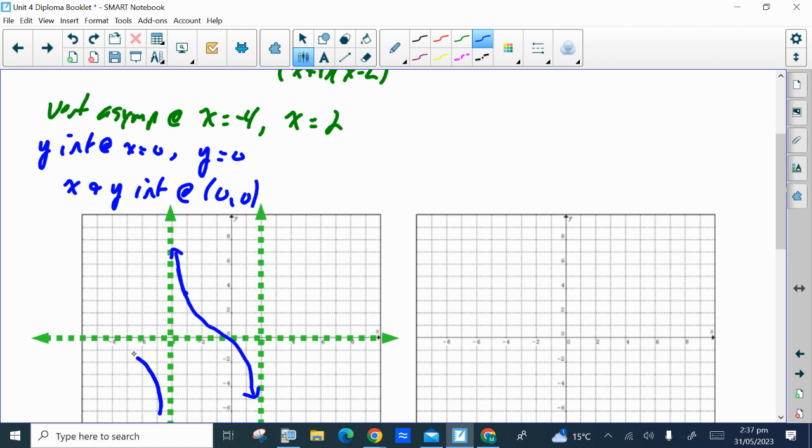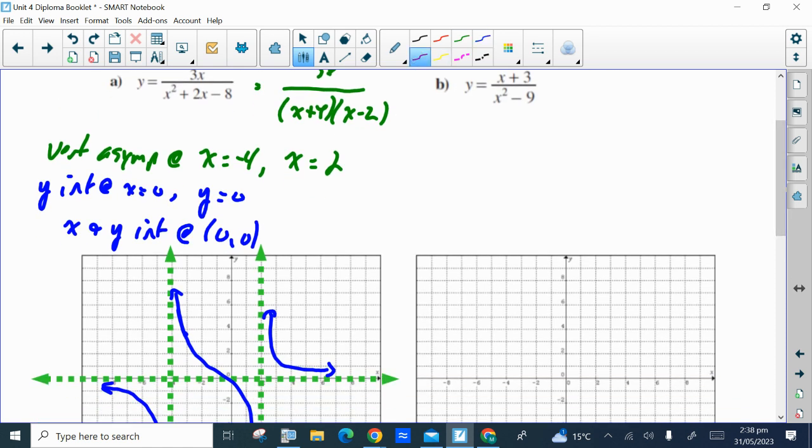Because the other part of the graph looks like this, where now it's approaching the horizontal asymptote from below, and on this side from above. And you would punch the equation in your calculator to see what it looks like. So there's that one done.